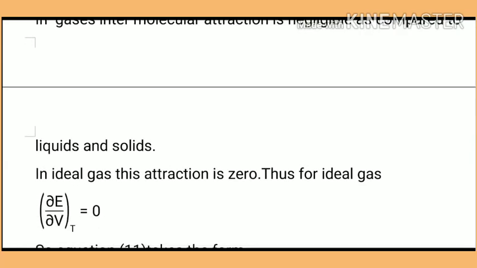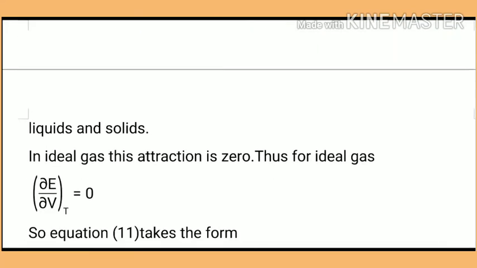For an ideal gas, there is no force of attraction among molecules, so the value of ∂E/∂V at constant temperature will be 0, because for an ideal gas the internal energy only depends on the temperature, not on the volume of the gas.